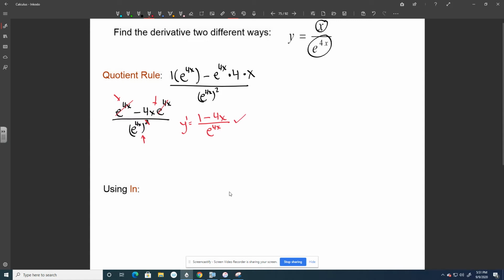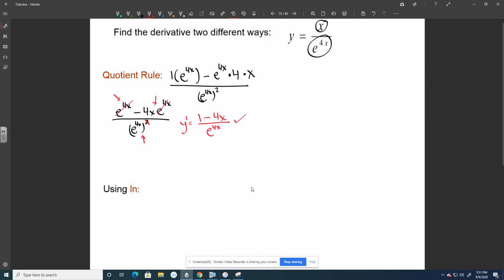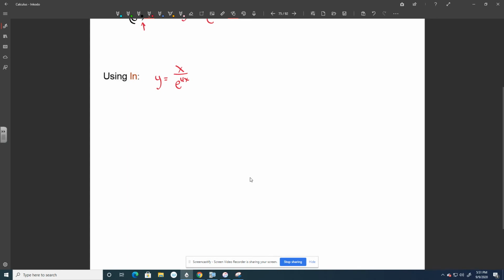Now, if I wanted to use my log rules that we kind of practiced with last time, so let's just drop this problem down here again. We've got y equals x over e to the 4x. So if I wanted to use my logarithm rules, I would say that the natural log of y is equal to the natural log of x over e to the 4x.